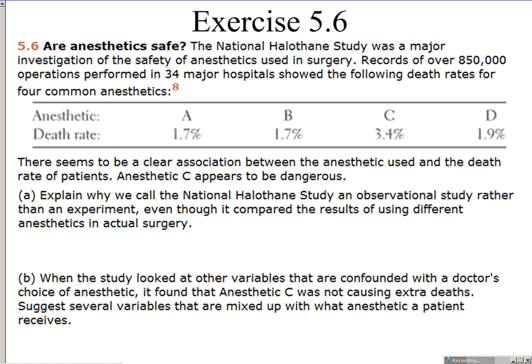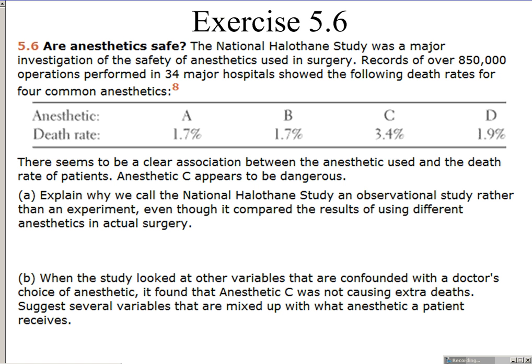It appears that anesthetic C is more dangerous. We can see just about twice the death rate of the other 3 methods of anesthetic that was given to the patient. Explain why we can call the National Halothane Study an observational study rather than an experiment, even though it compared the results of using different anesthetics in actual surgery.